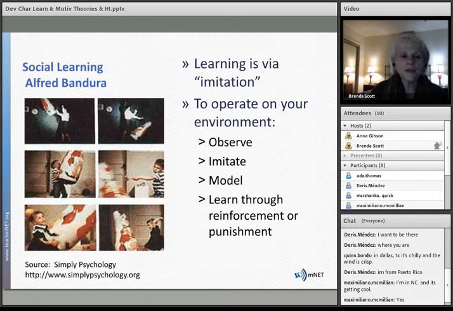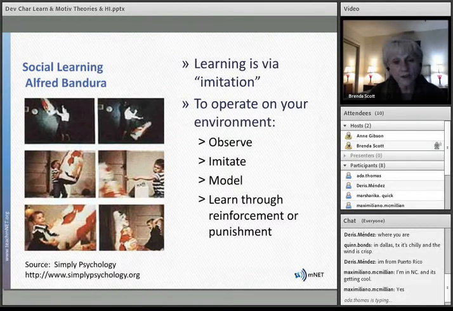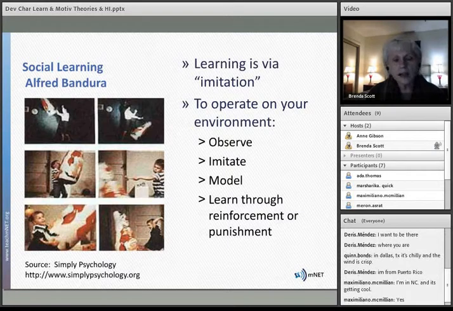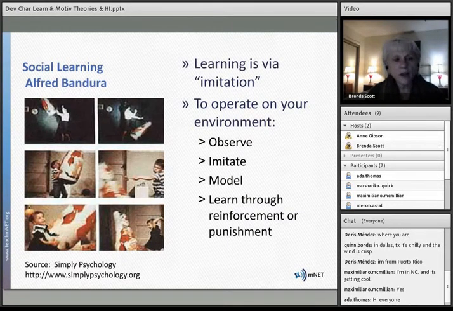If you imitate and model someone's behavior, get punished for it, you're less likely to do it again. And he did a series of experiments, and if you look over to the left, you see a child that looks like throwing things or fighting with things. That's a doll. It's like a clown doll that you could hit and things like that.